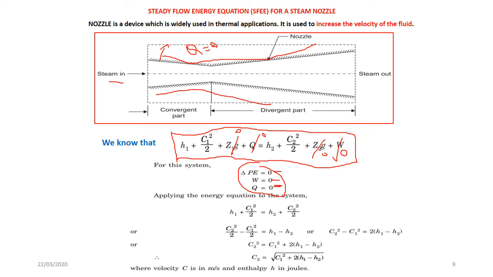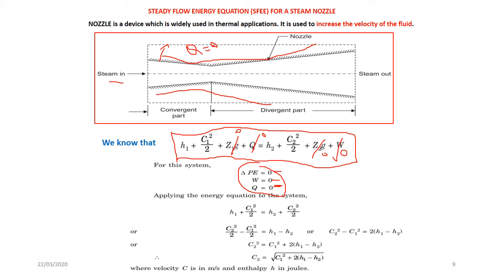H1 plus C1 square by 2 at the inlet, and on the right-hand side H2 plus C2 square by 2. C2 should be there because of the definition of the nozzle: the exit velocity will be greater than the inlet velocity. So the equation is H1 plus C1 square by 2 equals H2 plus C2 square by 2.